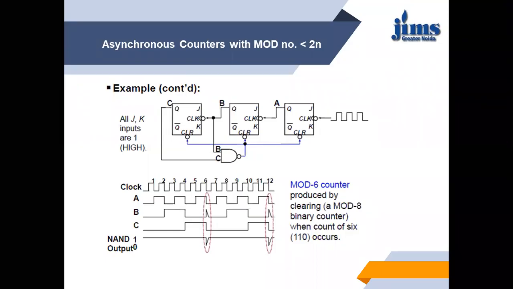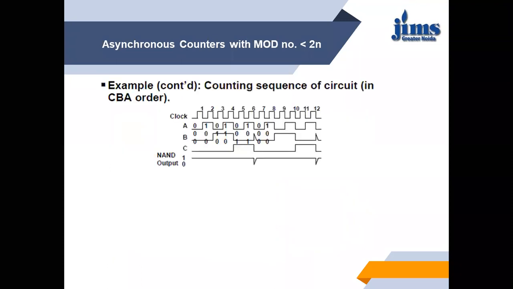So this is the way when we have to design a mode n counter. The counting sequence goes from 0, the first state, then 1, 2, 3, 4, 5, and whenever the output is 6, the NAND gate output is 0, and whenever the NAND gate is 0, the output of the flip-flops will be 000, and it will start counting again.